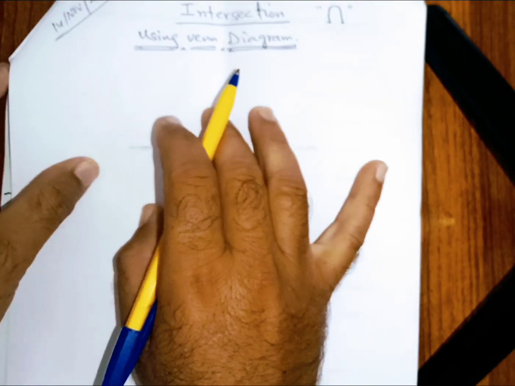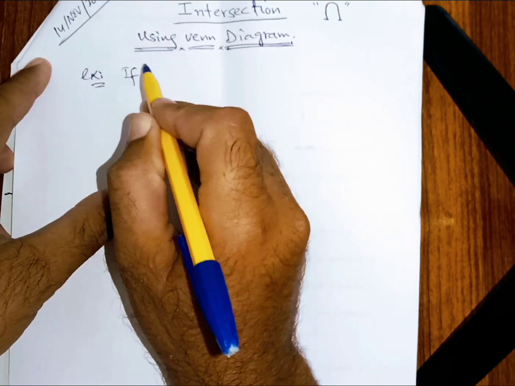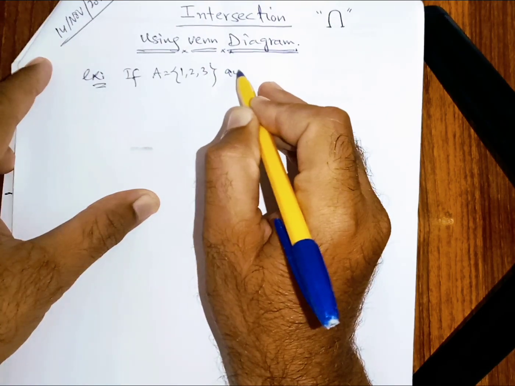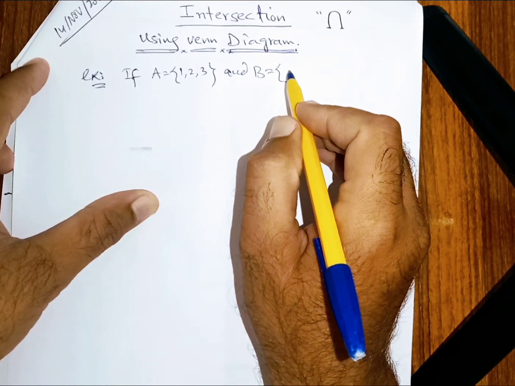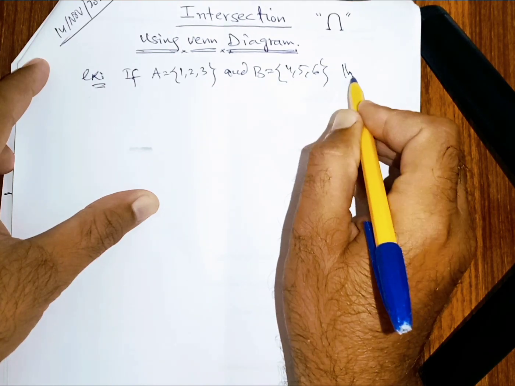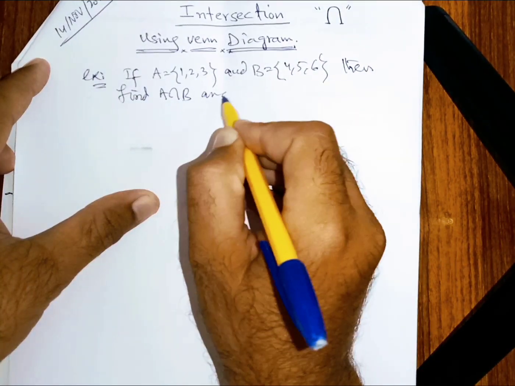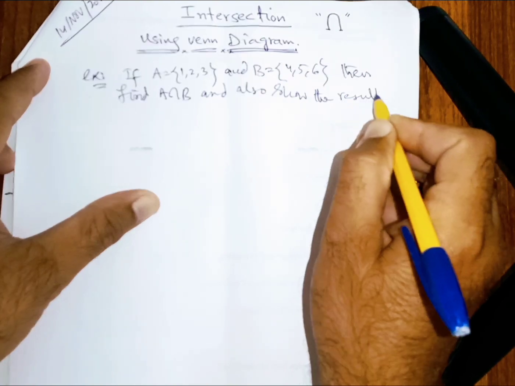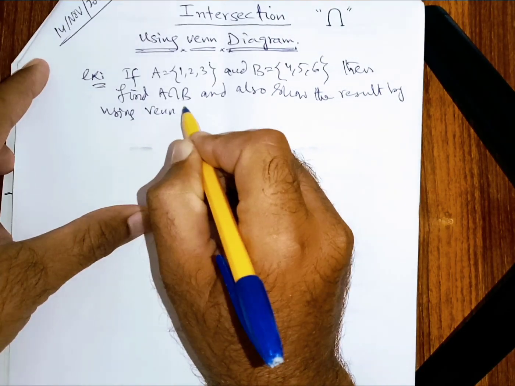For example, the question will be like this: if A is equal to {1, 2, 3} and B is equal to {4, 5, 6}, then find A intersection B and also show the result using a Venn diagram.